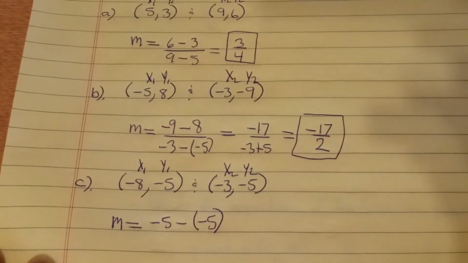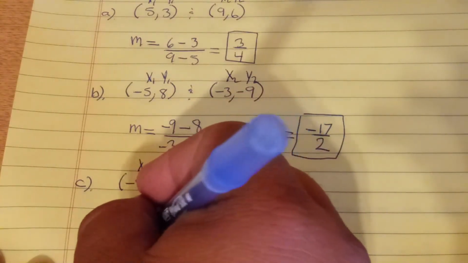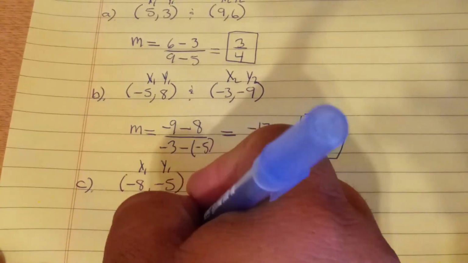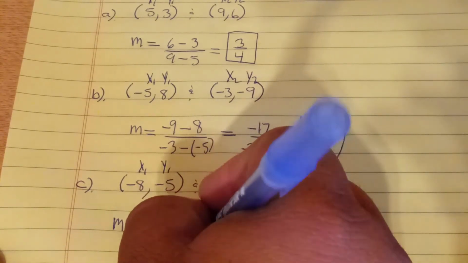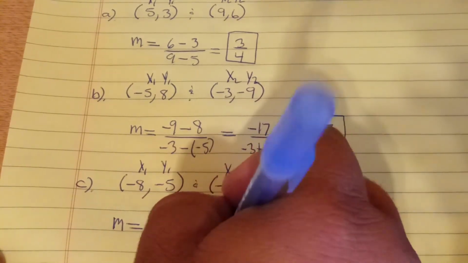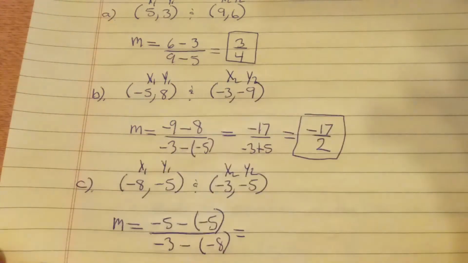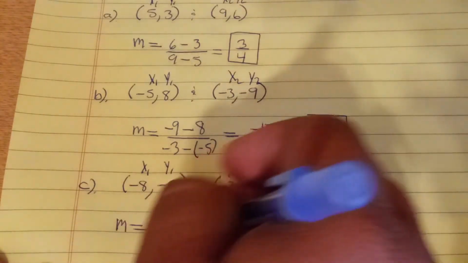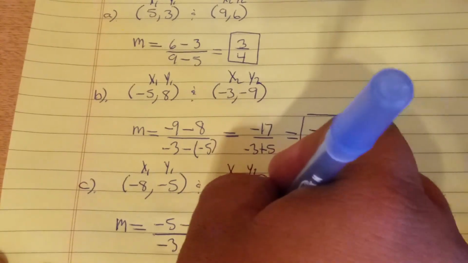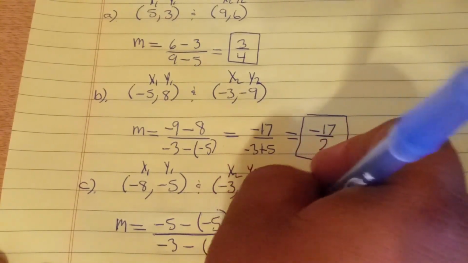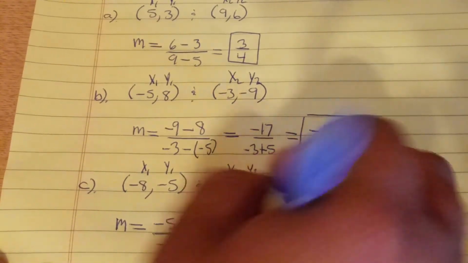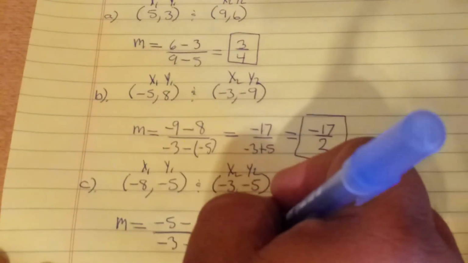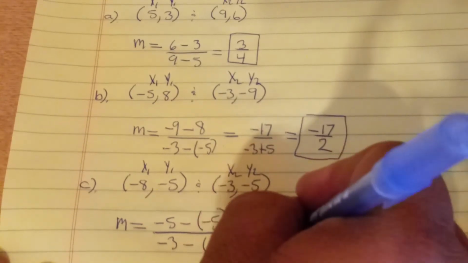And then we have x to the second, which is negative 3, minus x to the first, which is negative 8. So once again, we're going to do some sign changes here. We have the double negative here, so it's negative 5 plus 5. And we also have the double negatives right there. So this will be negative 3 plus 8.